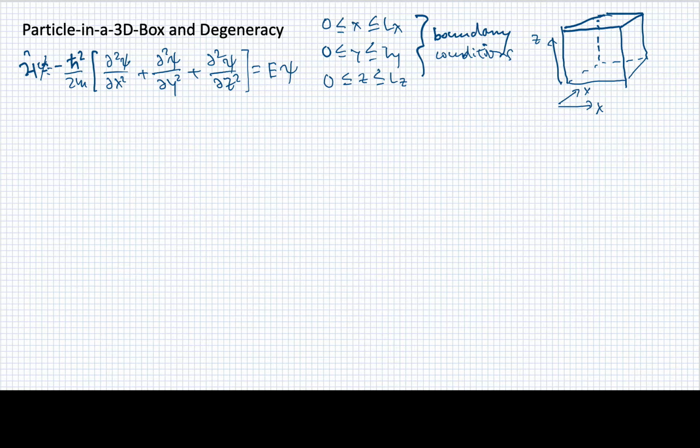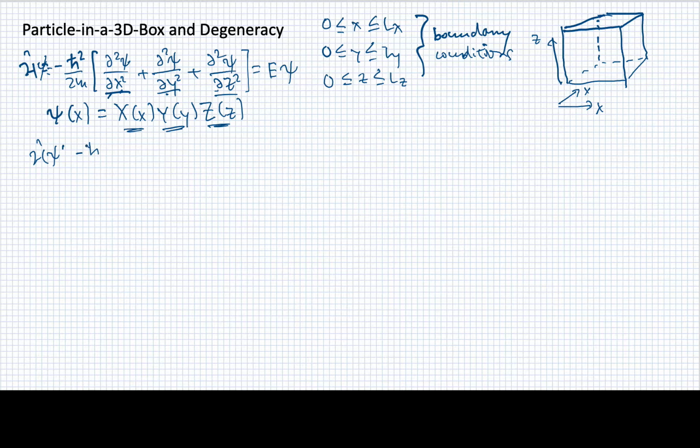One is we can write this wave function as the product of parts that correspond to x, y, and z. This is a little bit like separation of variables, except it's maybe even easier, because in this case we're basically just having derivatives with respect to each of those individual variables. The first derivative only affects the first part here, the second one only affects the second part, and the third derivative affects only the third part. So we end up with the action of our Hamiltonian on this wave function looking something like this.